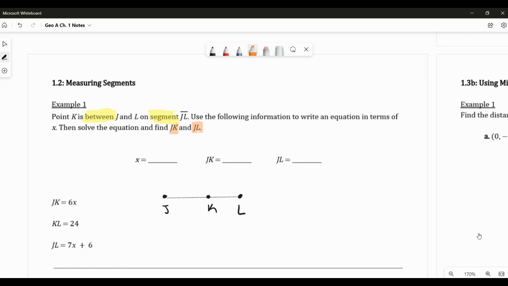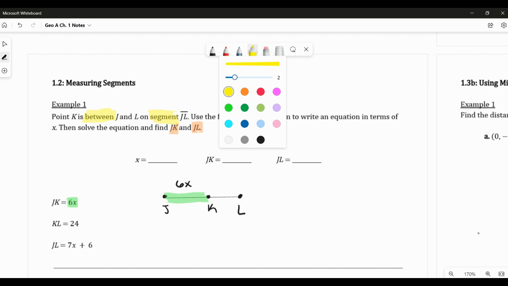So the next thing that I need to look at is the information that's given to me. I know that segment JK is equal to 6x. And in the picture, JK is this segment right here. So I know this segment has length 6x. I also know that segment KL has length 24.